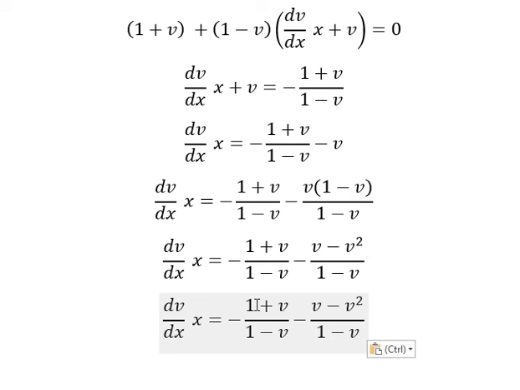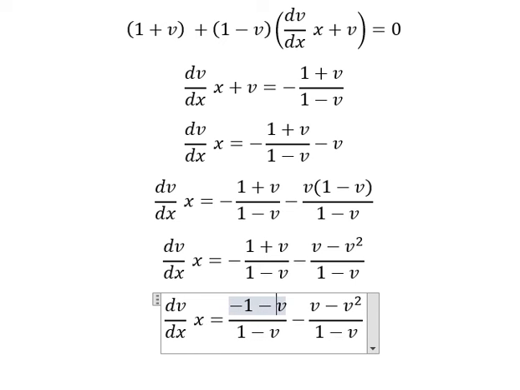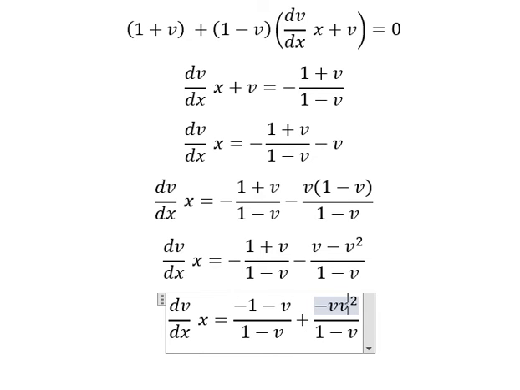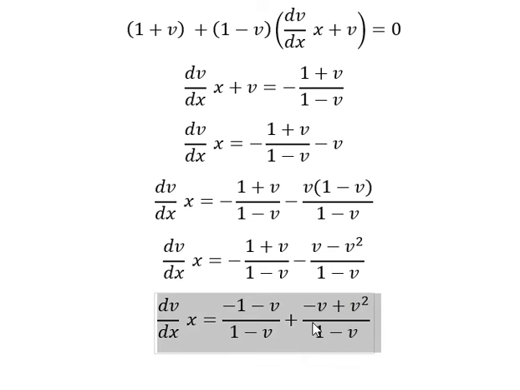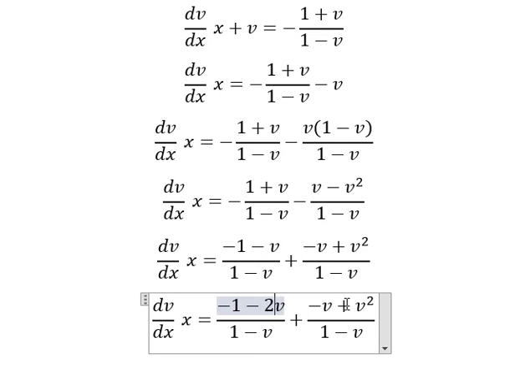So negative, I will put this one here, similar for this one. And now we combine two fractions together. Negative v, we have negative 2v. This one, I will put this one here.